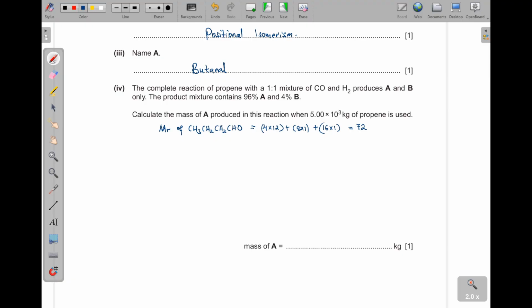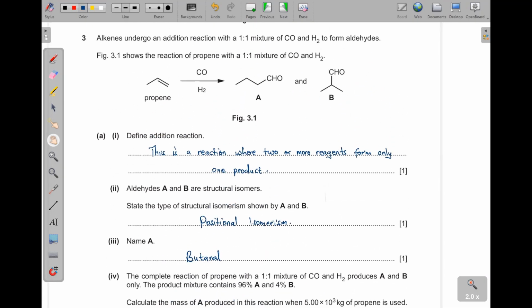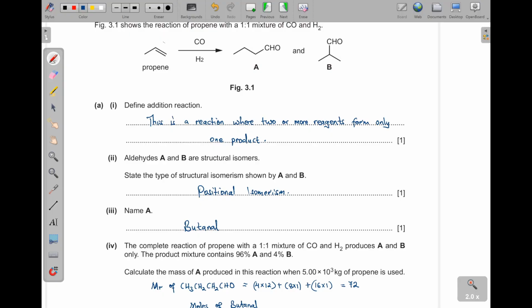So what will be now the moles of butanal? Moles of butanal, when you check back here, 1 mole of propene gives 1 mole of butanal.